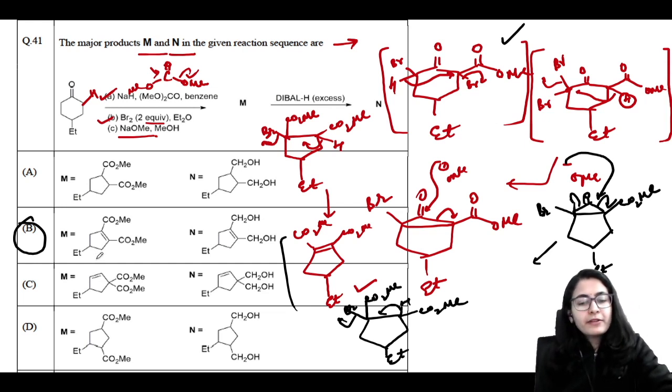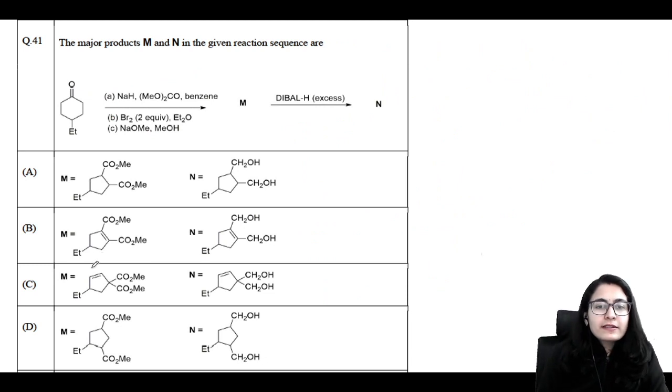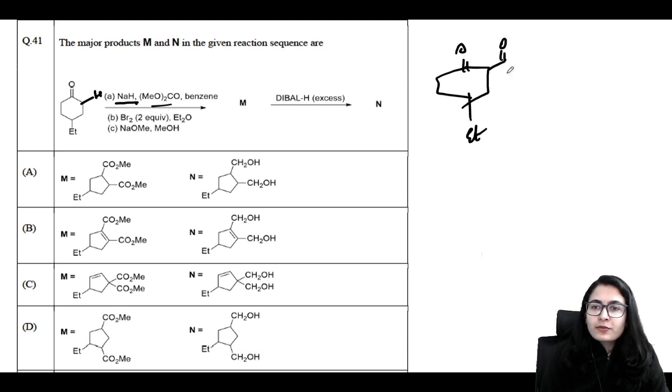Let me clear up everything and let's just consider this once again. You are having the sodium hydride, remove a hydrogen from here and get the ester. So this is the dibromo product that we will consider, and we will move onwards with this.